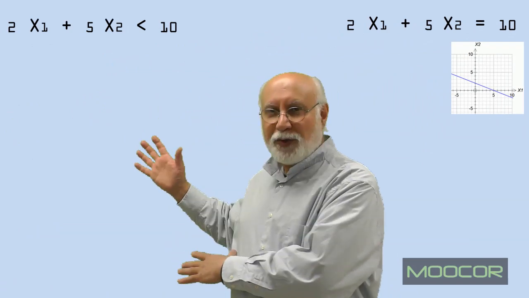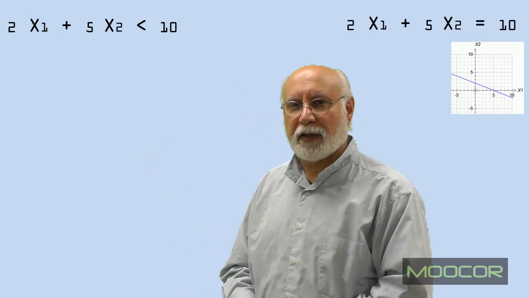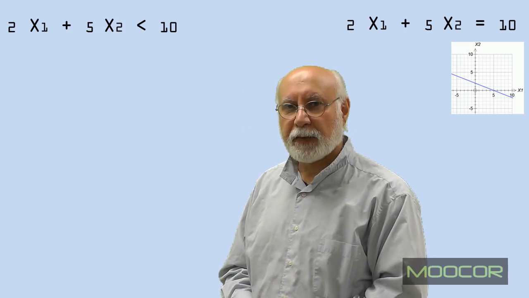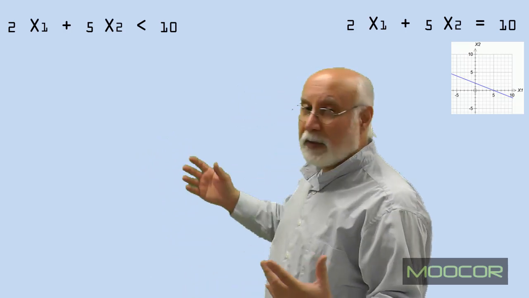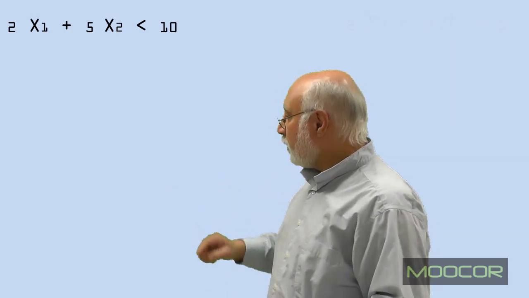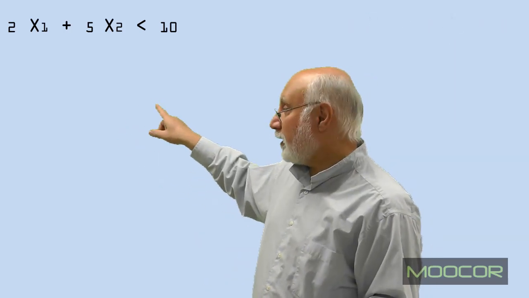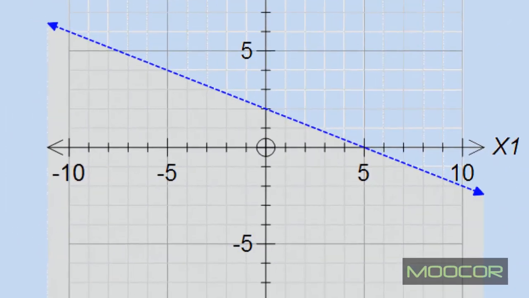Where are the solutions to this inequality? Well, in this case, where the sign is less than or equal, any point in this area is a solution to the problem.